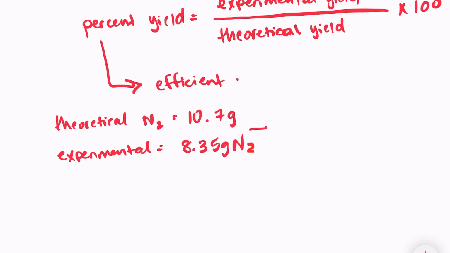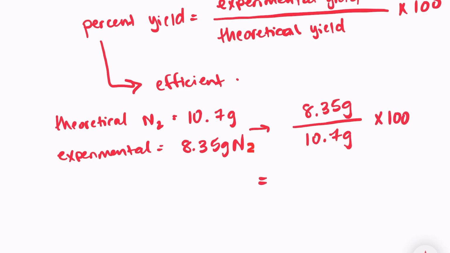So I would take 8.35 because it's my experimental yield over 10.7 because it's my theoretical yield, multiply by 100, and that will give me a percent yield of 78.0%. So the closer your percent yield is to 100, the more efficient your experiment is.